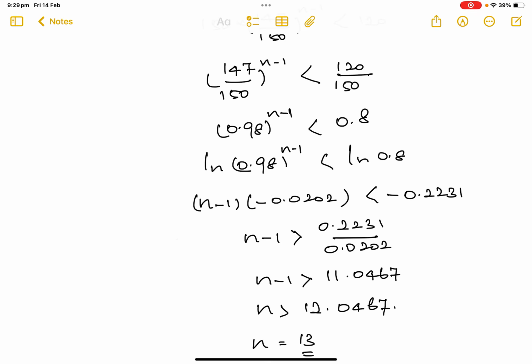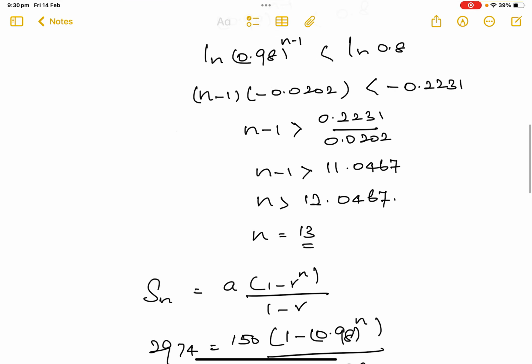Then the power n minus 1 comes to the front, so n minus 1 times ln 0.98, which is minus 0.0202, is less than ln 0.8, which is minus 0.2231.